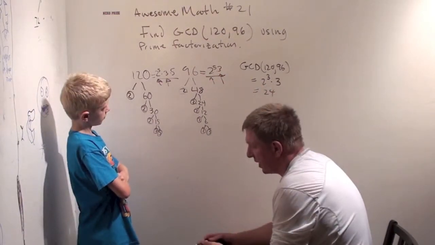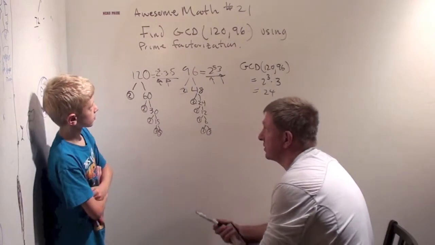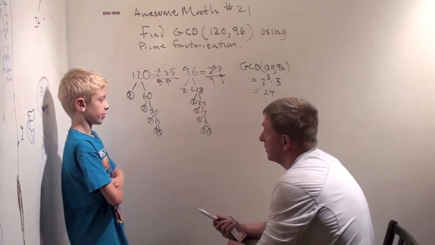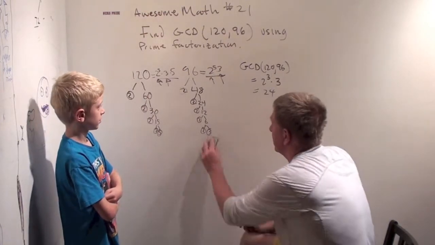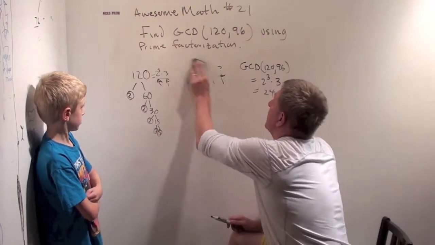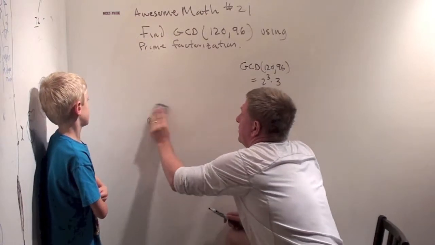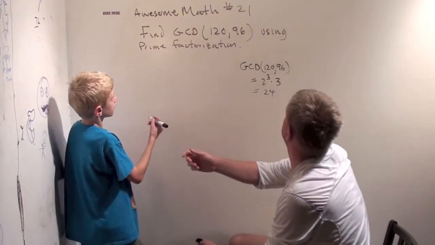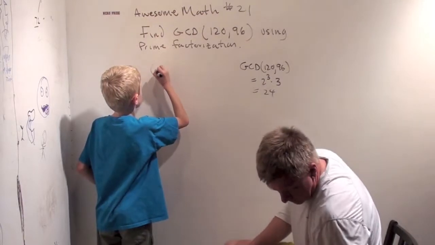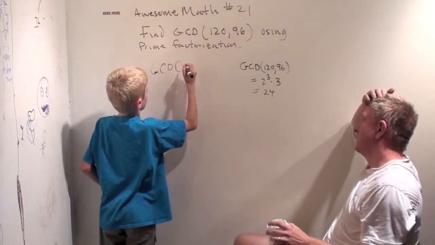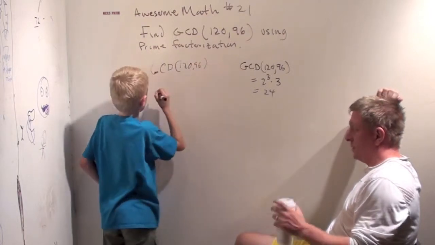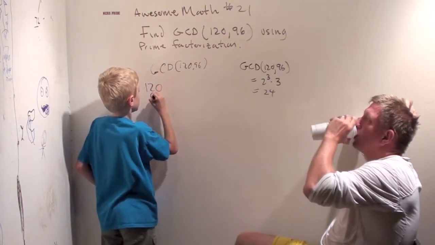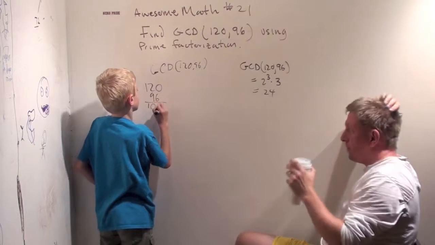Now, what other technique could we have used to find the greatest common divisor? Well, the Euclidean algorithm. All right, you want to do that and see if we get 24? I don't think this will be too long using the Euclidean algorithm. Well, first we have GCD of 120 and 96. Then we have to do this.